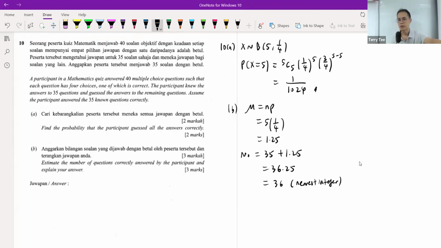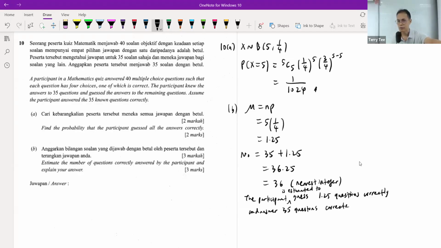Now explain your answer. How do you explain? We can say the participant is estimated to guess 1.25 questions correctly and answer 35 questions correctly.